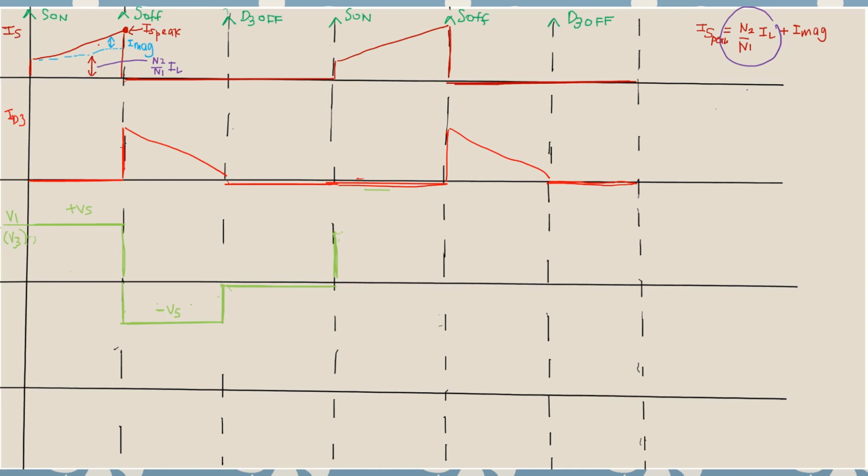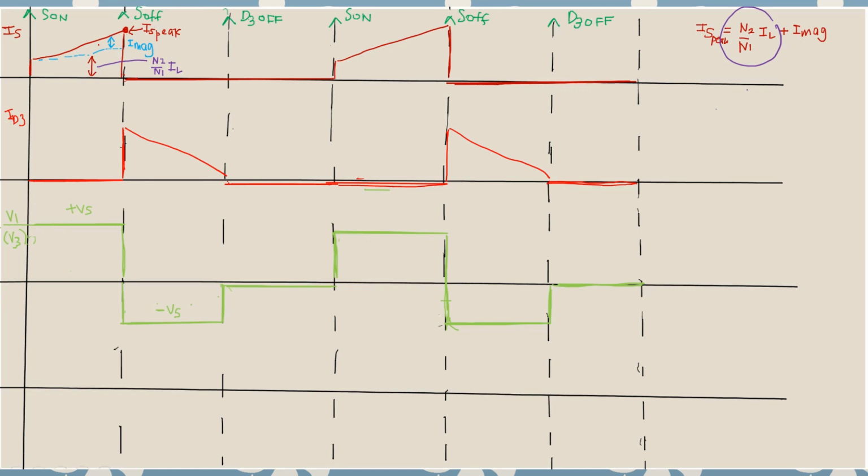This time the S1 is positive Vs. And when the switch is off, we have negative Vs. And then when the D3 is off, of course we don't have any more supply, so it's 0. So that is for V1, yeah.